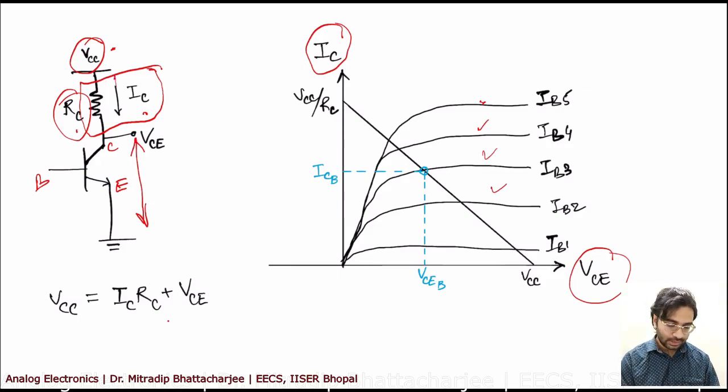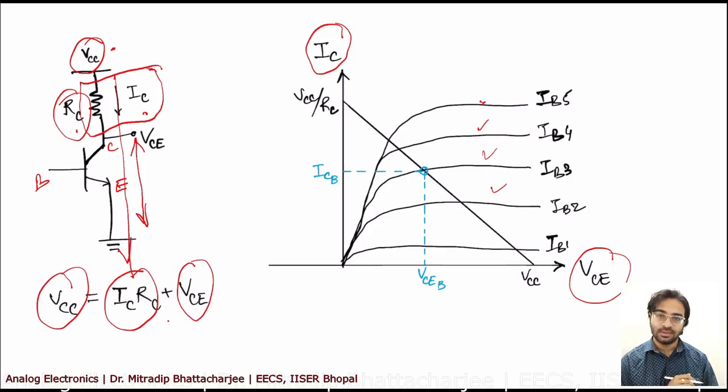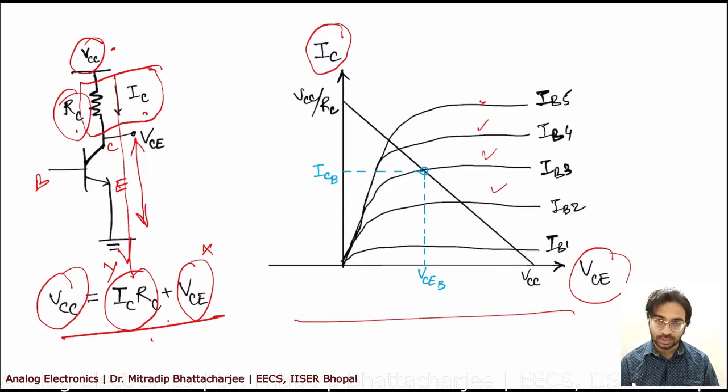So you just take this path for the KVL analysis and you will find VCC equal to IC RC plus VCE. Now this is a linear relationship. If you draw the same thing, VCE is your x-axis and IC is your y-axis. Now if you plot the same thing in the output characteristics, you will find a straight line like this.